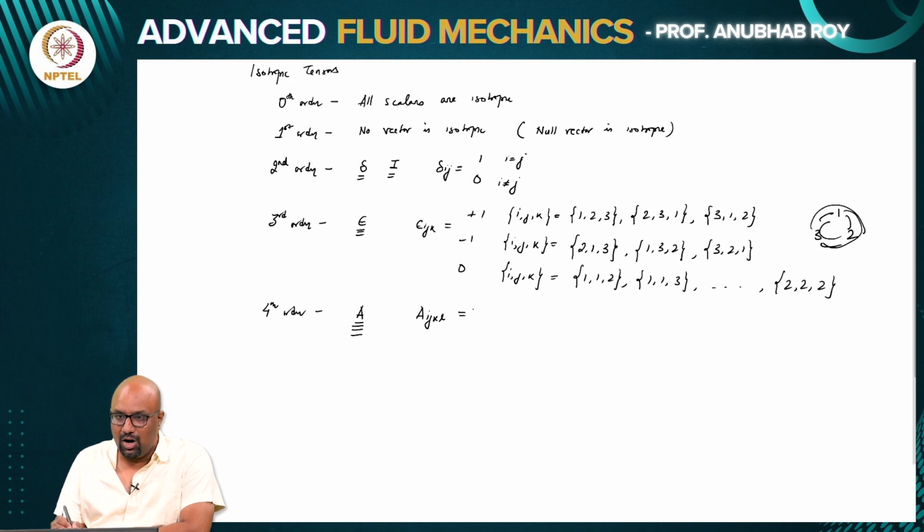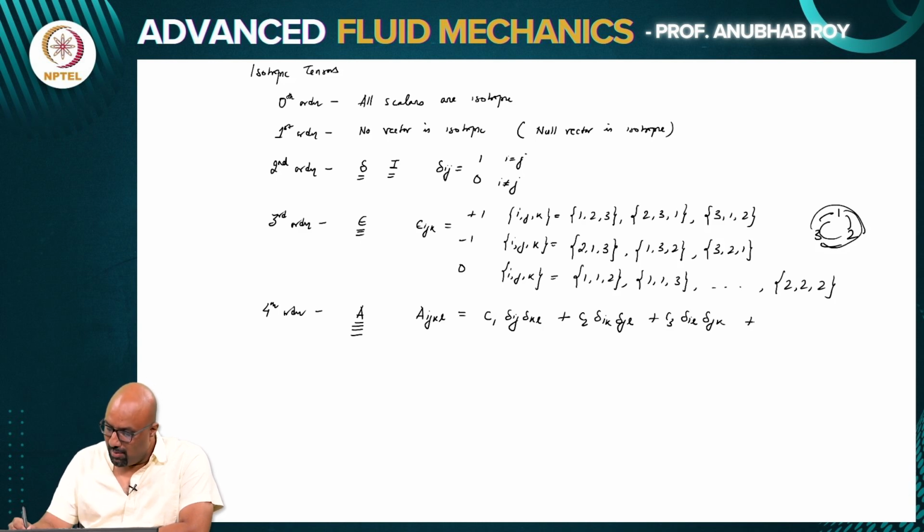This is a combination of delta ij delta kl, delta ik delta jl, delta il delta jk. So, this is what you have as the combination of the order 2 tensors, giving us products of order 2 tensors, which gives me the fourth order isotropic tensor.